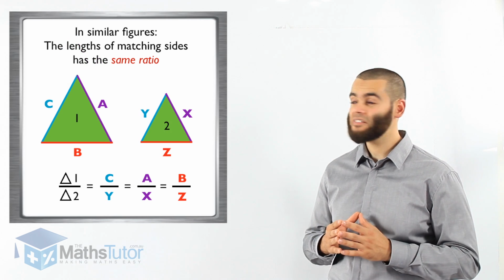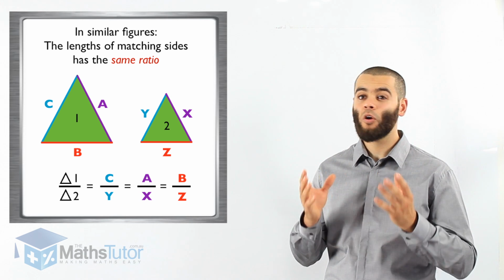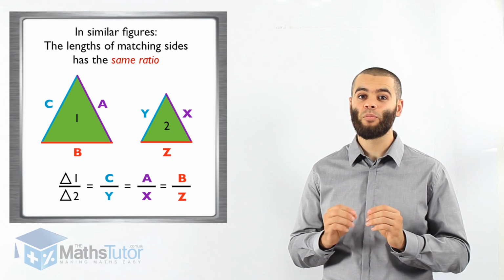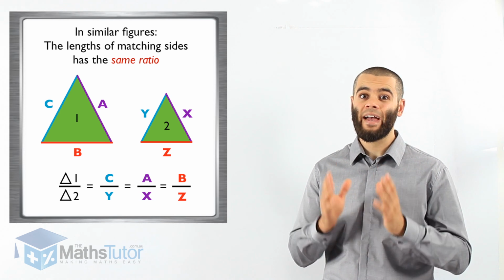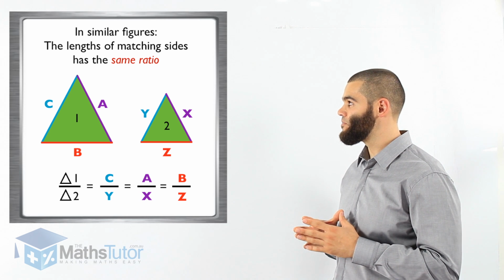In similar figures, the lengths of matching sides, the lengths of corresponding sides, have the same ratio. Very important concept to know. They have the same ratio. So what do we mean by that?